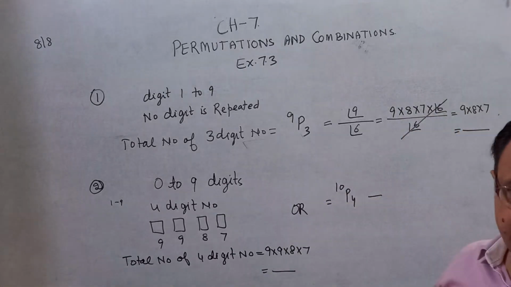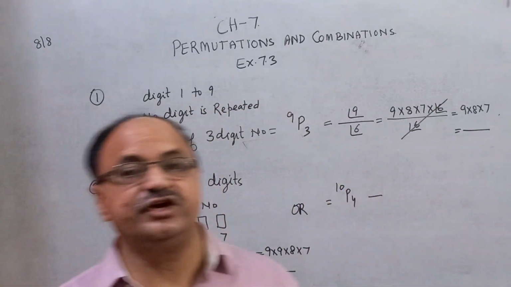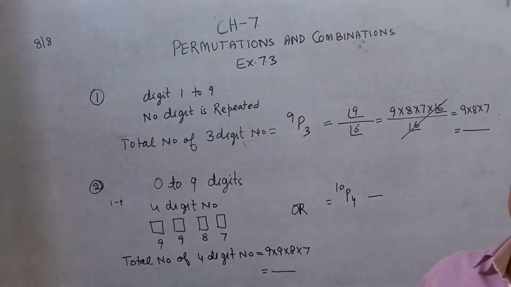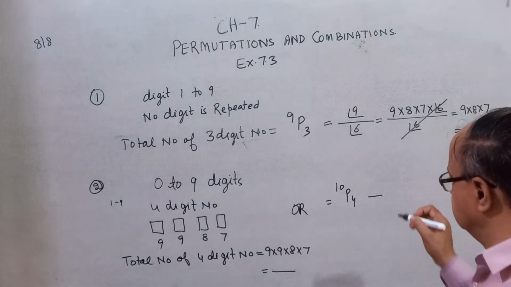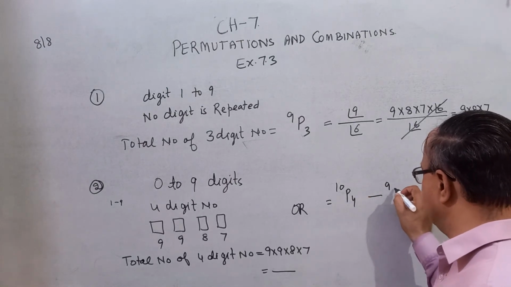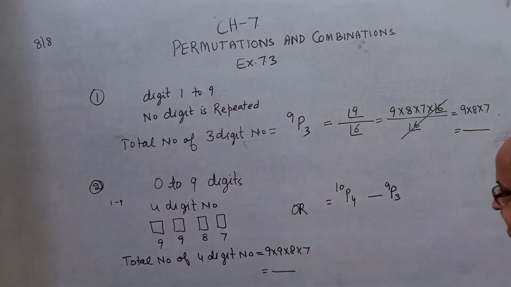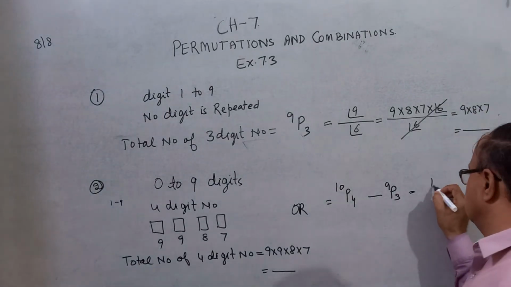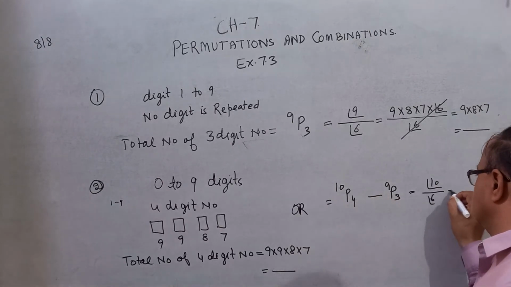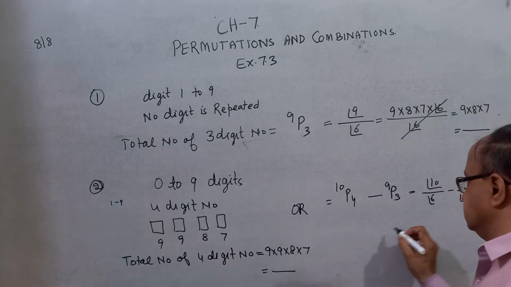In 10P4, many numbers are 3-digit, which start from 0. Now subtract those numbers, that is 9P3. Clear? When you solve 10 factorial by 10 minus 4, 6 factorial, minus 9 factorial by 6 factorial.